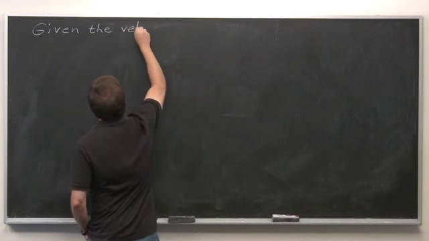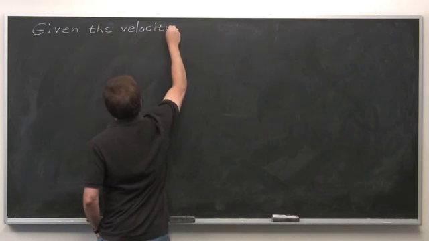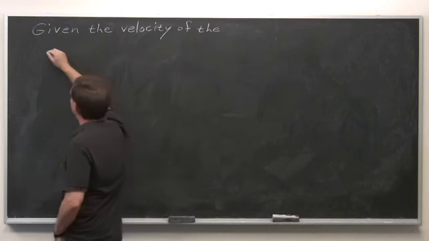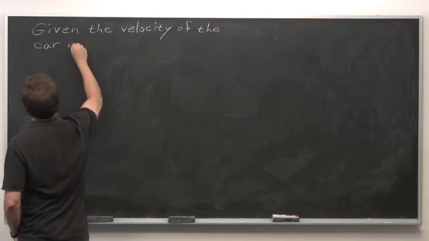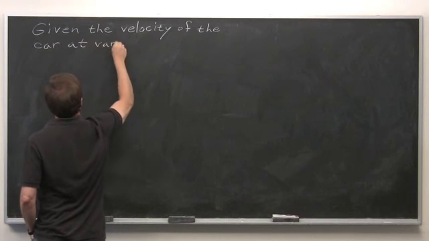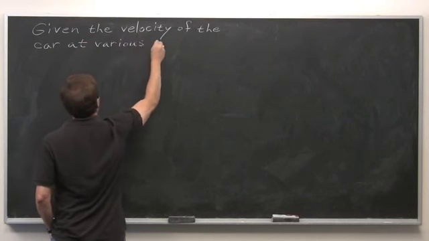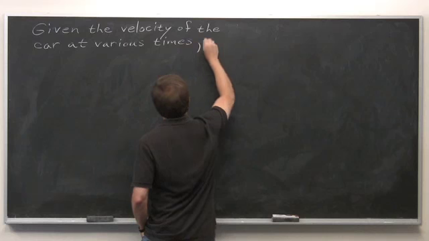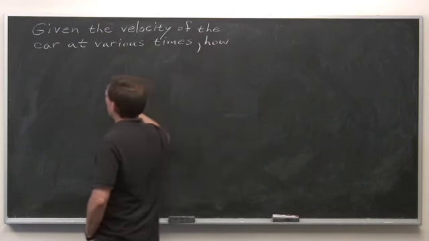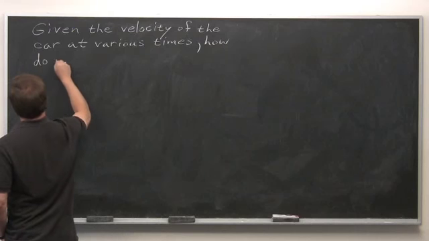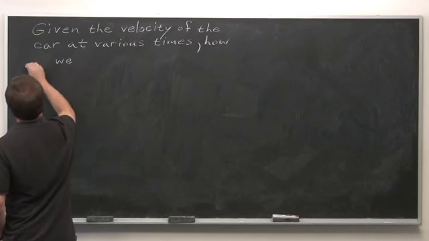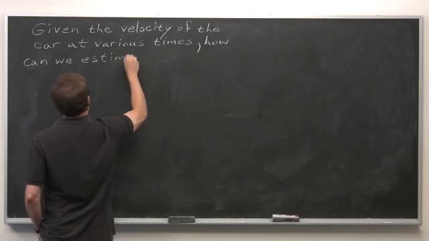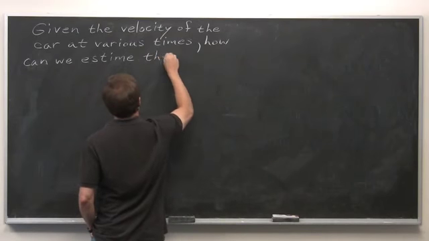Given the velocity of the car at various times, how do we estimate, or how can we estimate, the change in position?